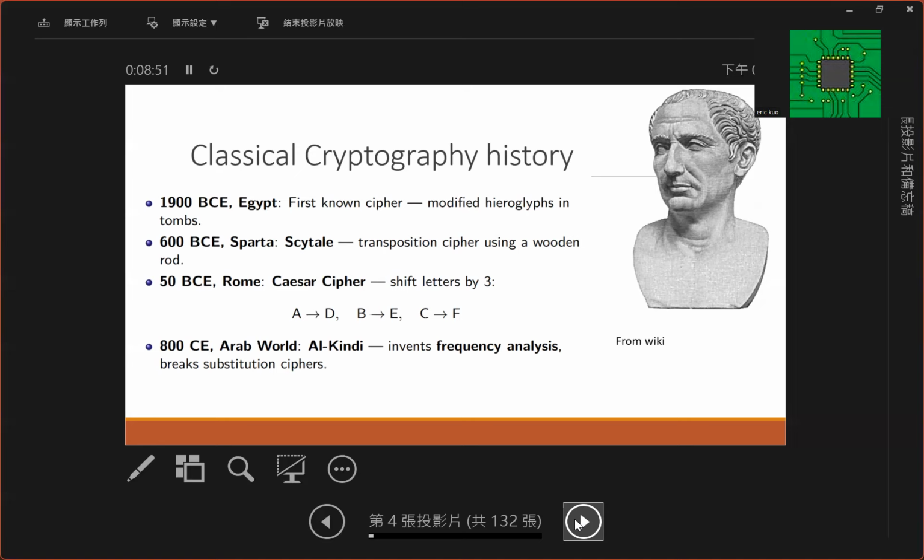So somehow you need to change the message, which I think is called a cipher. If Alice wants to send a message to Bob, they need to have some agreement, so that Alice will encrypt her message and Bob will decrypt the message he received.